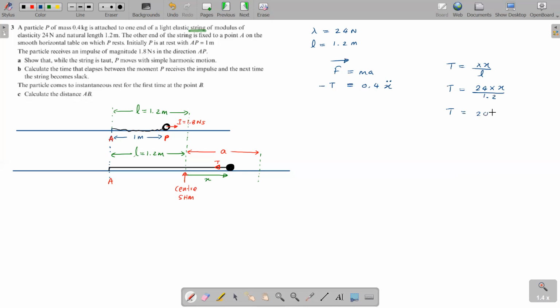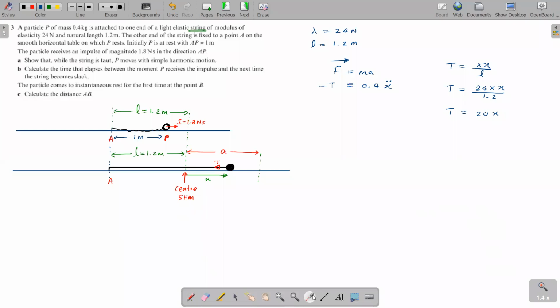So tension equals 20x. Okay, so then let's input the value here. Tension is minus T, right? So minus 20x equals 0.4 into x double dot. Can I know how much is x double dot? Minus 20x over 0.4. How much is 20 divided by 0.4? 50. So minus 50x.